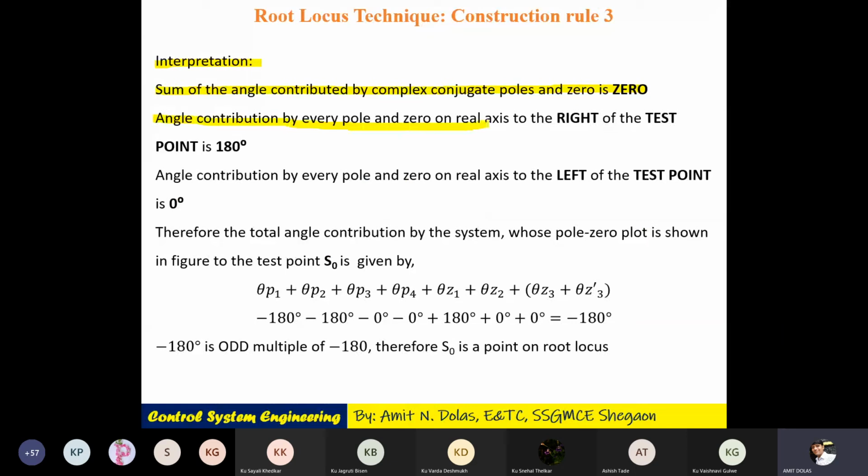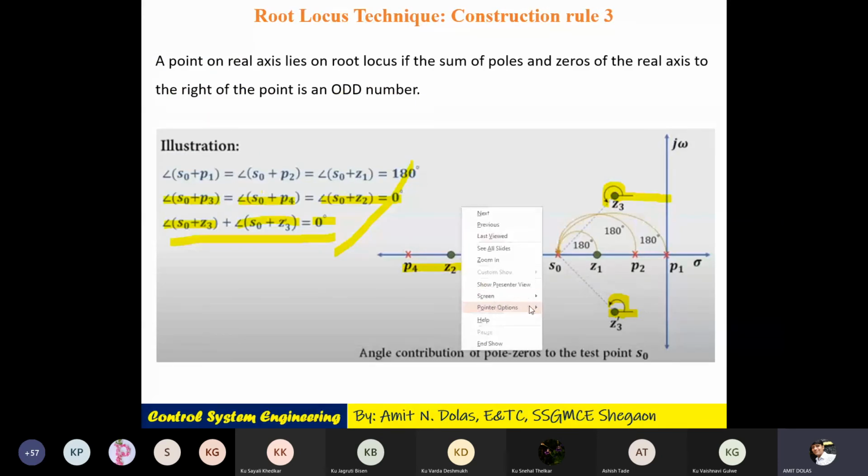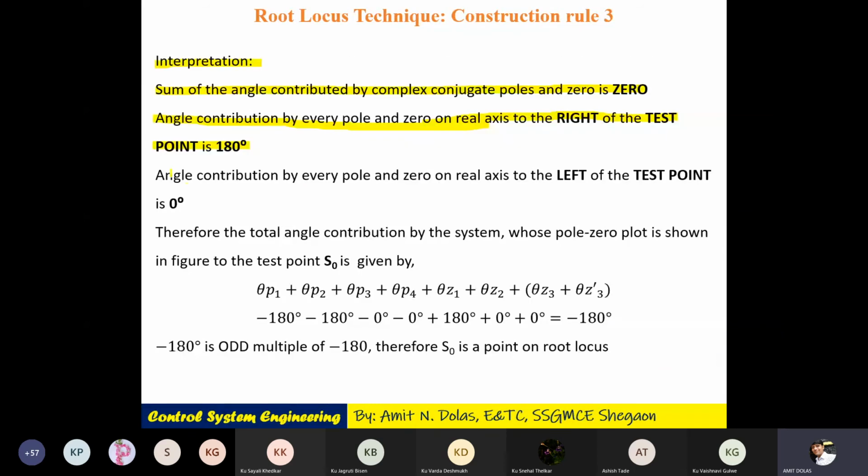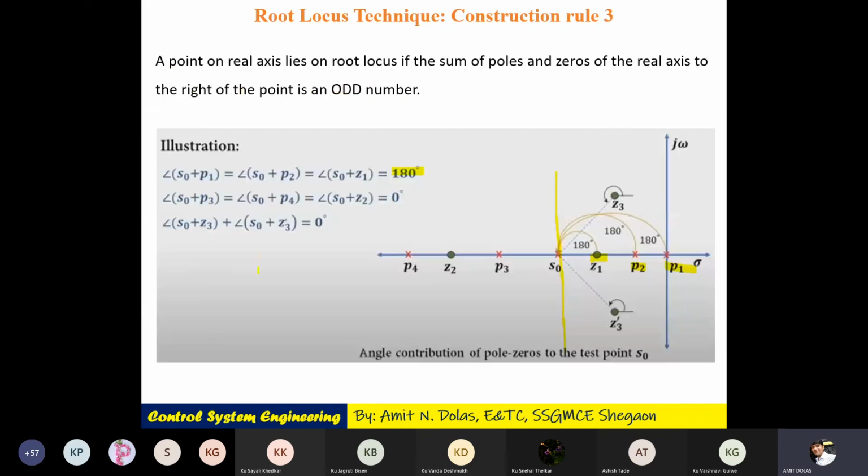Angle contributed by every pole and zero on the real axis right of the test point is 180 degrees. आप देख सकते हो प्रीवियस सिस्टम में ये तीन जो है, एक 0 और दो पोल, ये टेस्ट पॉइंट के राइट साइड में है, उसका एंगल 180 डिग्री आता है. Then another angle contribution by every pole and zero on the real axis left of the test point is 0 degrees. Similarly ये तीन जो है पोल एंड 0, इसका कंट्रीब्यूशन will be 0 degrees. Sorry, not this one, 0 degrees.